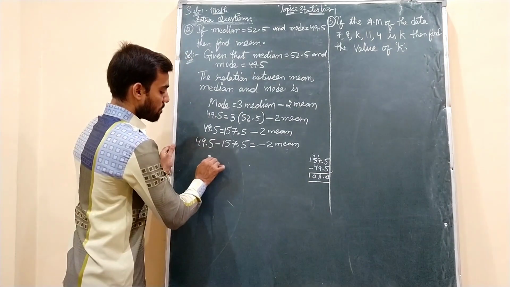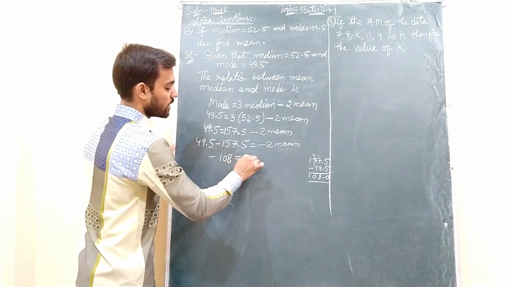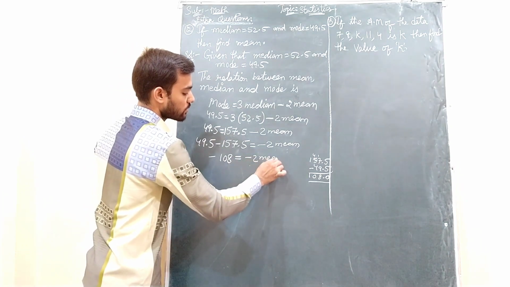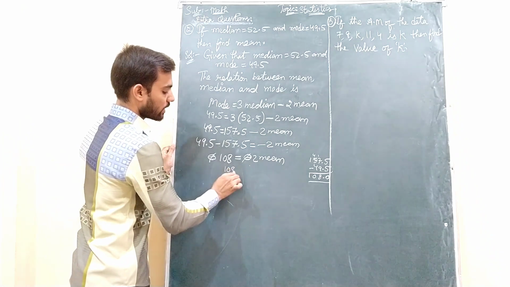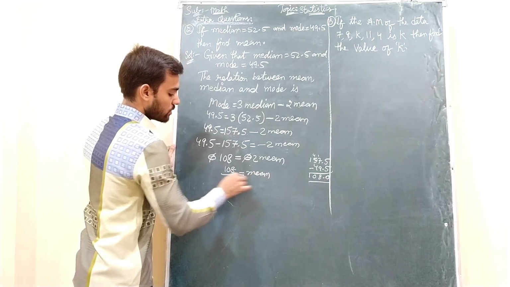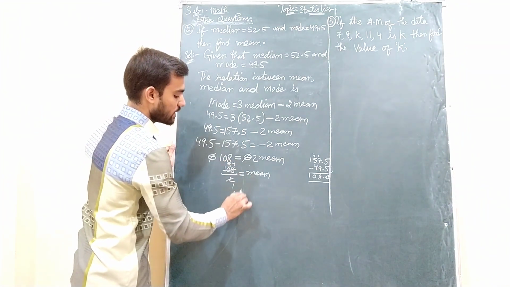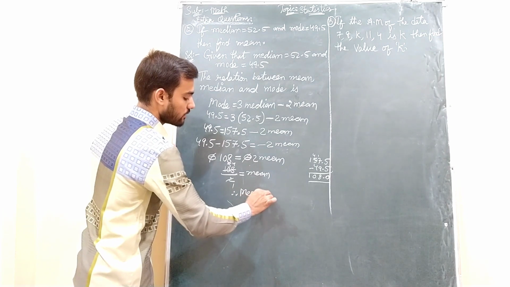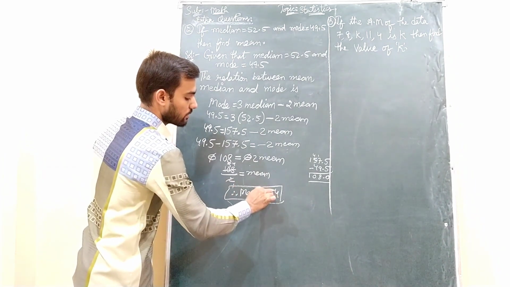So you got minus 108, because this is the bigger number having the negative sign. Right side you have minus 2 mean. Okay students, so this minus we can cancel. Then 108 divided by 2 is equal to mean: 2 ones are 2, 2 fives are 10, 2 fours are 8. Therefore mean is how much, students? After cancellation we got 54. Okay, this is the mean.